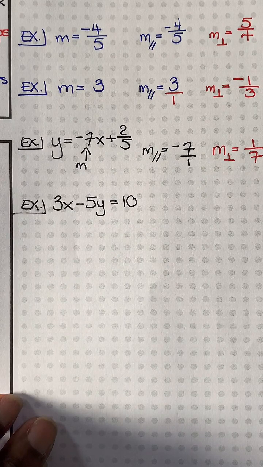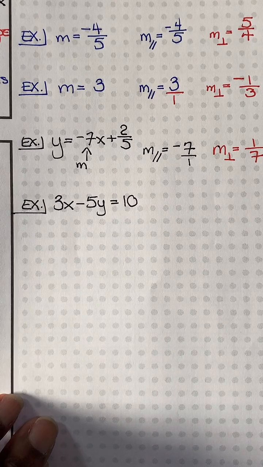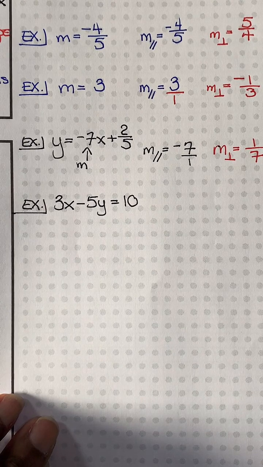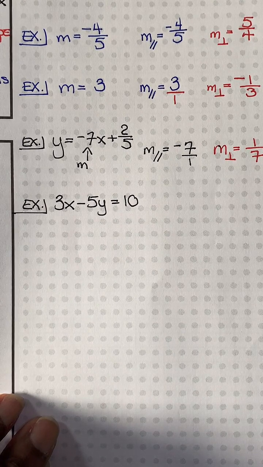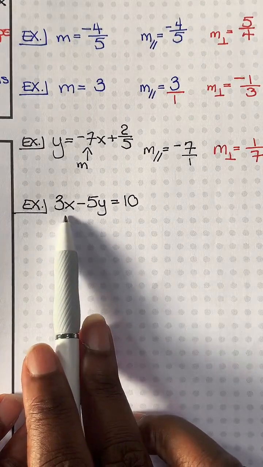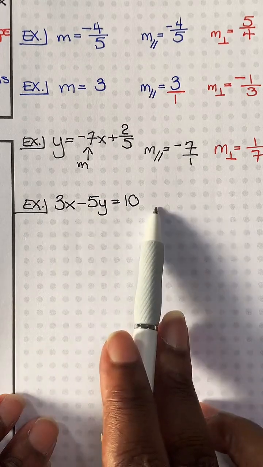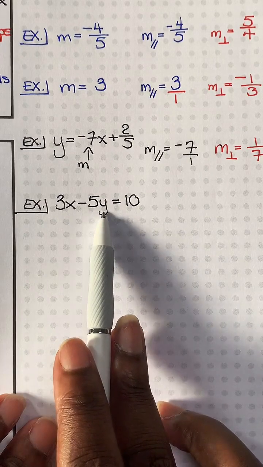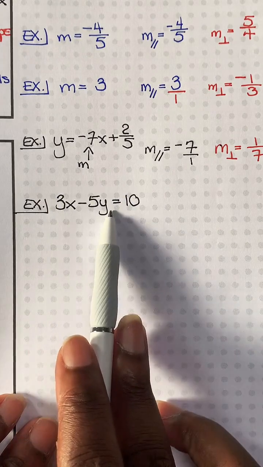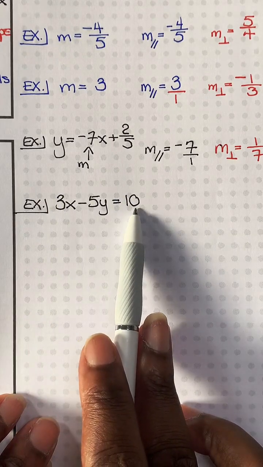It's not solved for y. Good. We don't have a fraction. That's true. Looks like you have to move 3x to the other side. And why are we doing that? Because we're trying to solve for y. Just like some of you said, this is in standard form. Standard form means my x and my y values are on one side of the equal sign and my constant is on the other.